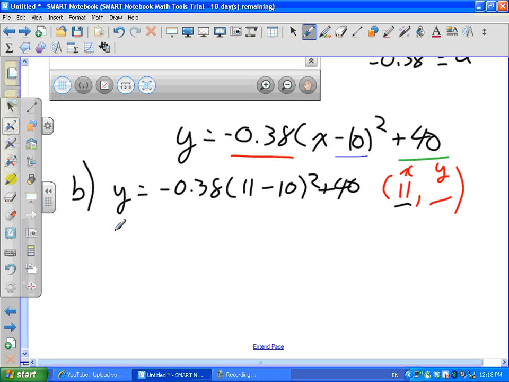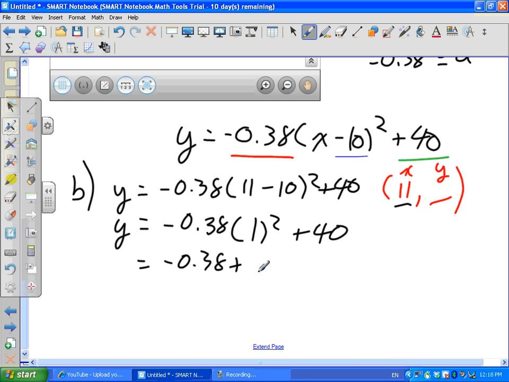That's going to give me my next value. 1 squared plus 40. 1 squared is 1 times negative 0.38 plus 40 gives us 39.62. There we go. So our y value is 39.62. Once I have an equation, I can plug values in to find x and y coordinates.